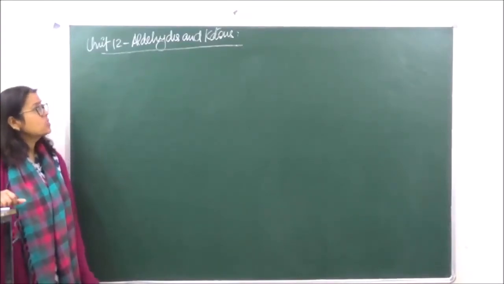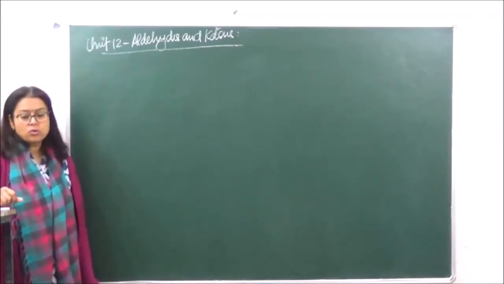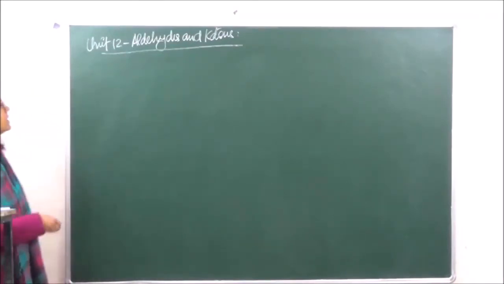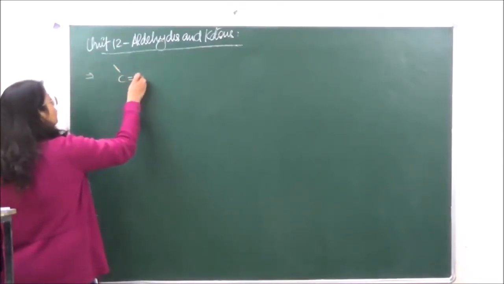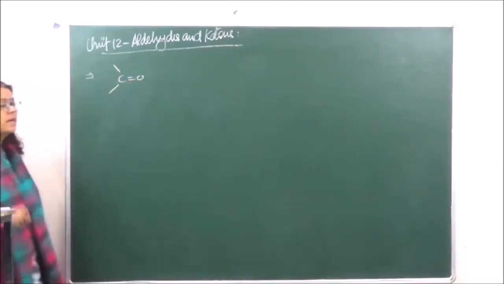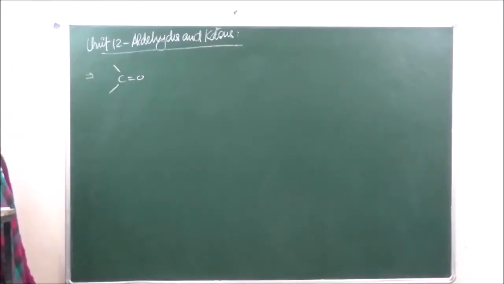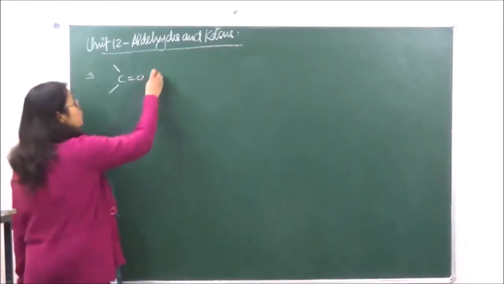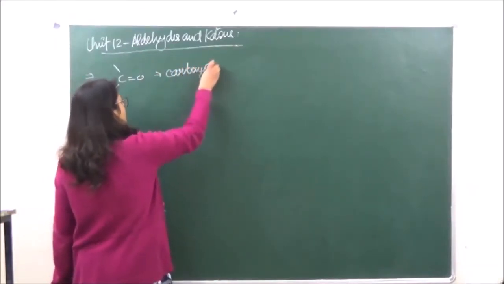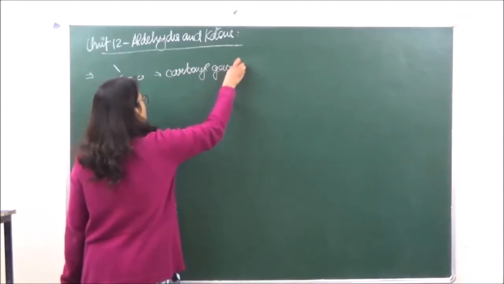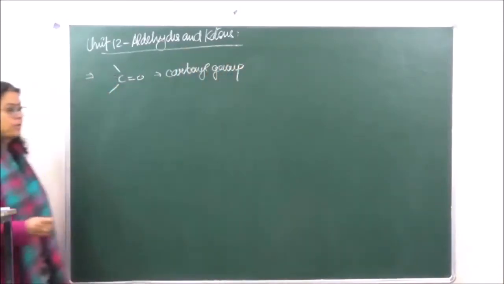So let's just introduce aldehydes and ketones to you. When we are talking of aldehydes and ketones, they consist of a functional group C double bond O. Okay, now this group is known as the carbonyl group.